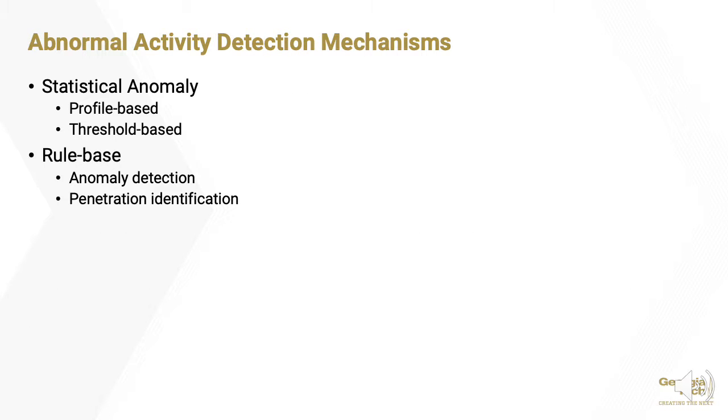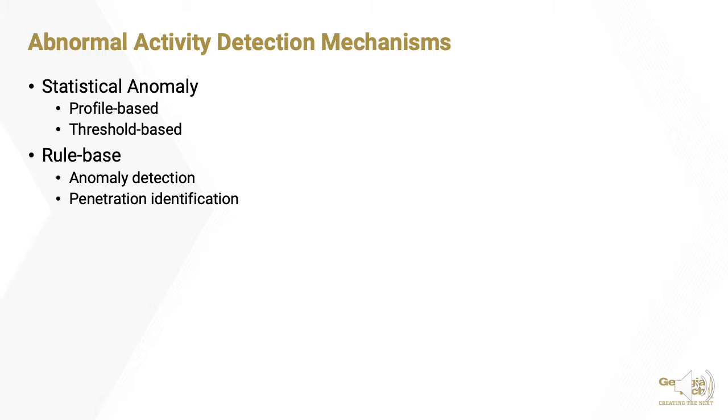The detection of abnormal activity requires the definition of what is defined as normal for the network traffic. This can be achieved by two methods: the statistical anomaly or rule-based detection. The statistical anomaly detection is based on network traffic patterns and user behavior, which are used to form a baseline of the system.